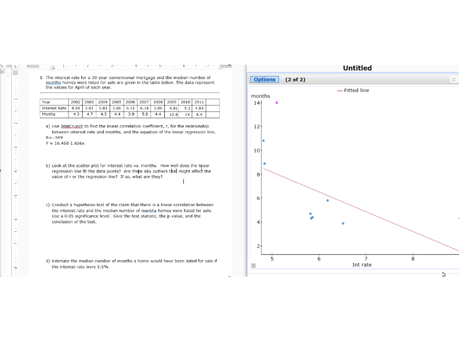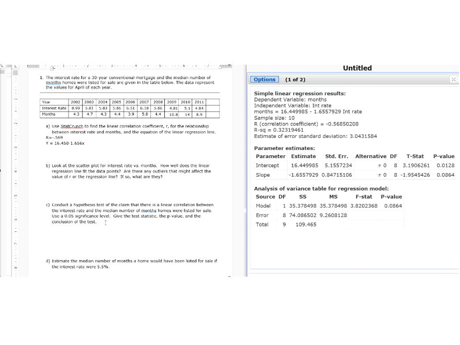Now the other thing that we can do, going on to this third part C down here, is if we're trying to do a hypothesis test, so if we're trying to confirm that there really is a linear relationship between the variables, then what we would look at is the test statistic and the p-value. So then we're going back to this row of our table over here that has slope.